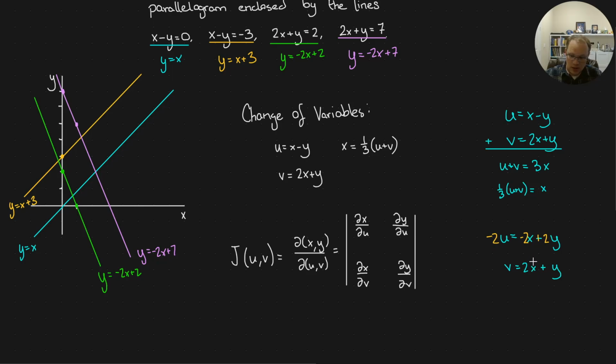I do that because I notice I can cancel the x's that way. Okay, 2x will cancel with -2x. And so doing that, I get v minus 2u equals, the x's cancel, and 2y plus y is 3y. So I get 1/3 (v minus 2u) equals y. Okay, so y is 1/3 (v minus 2u).